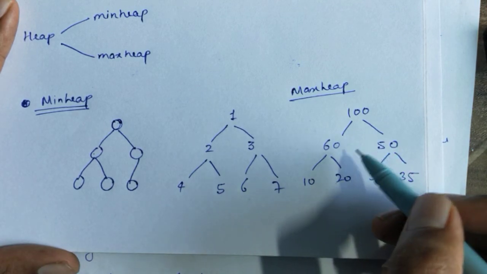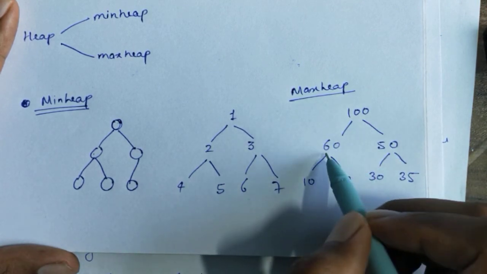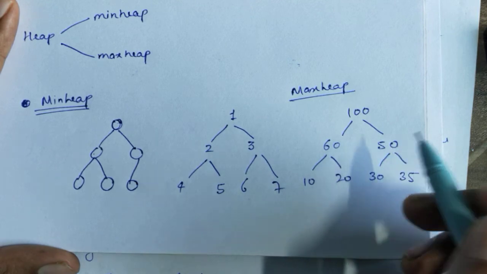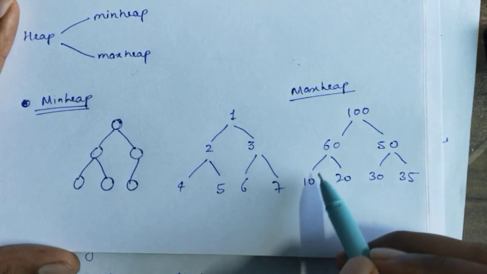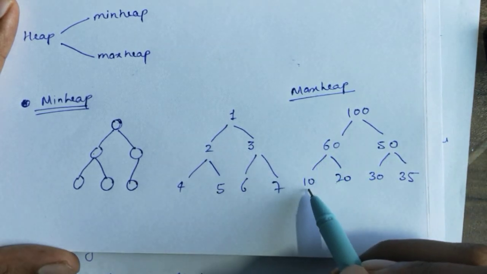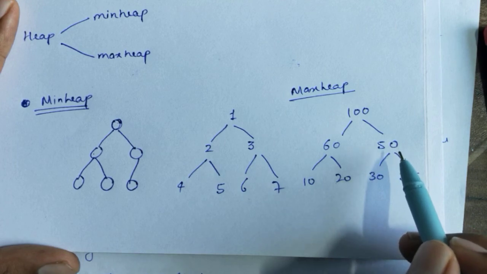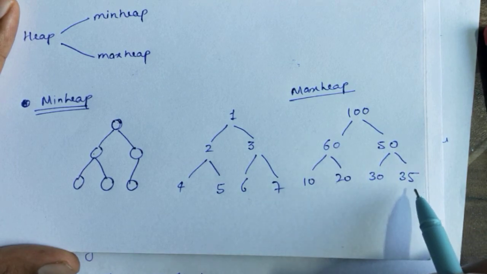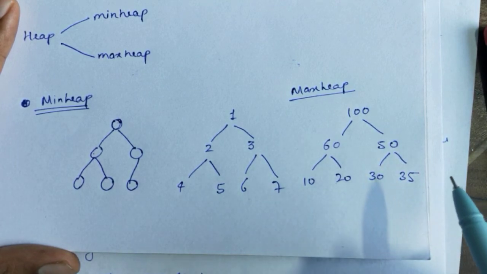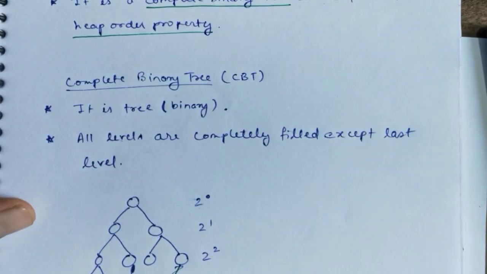So it is the example of max heap, as 100 is greater than all of its children, that is 60 and 50. 60 is also greater than all of its children, that is 10 and 20, and 50 is also greater than all of its children, that is 30 and 35. So it is a max heap.